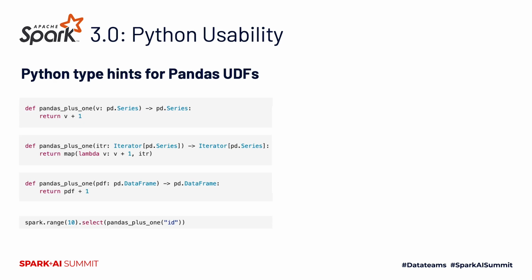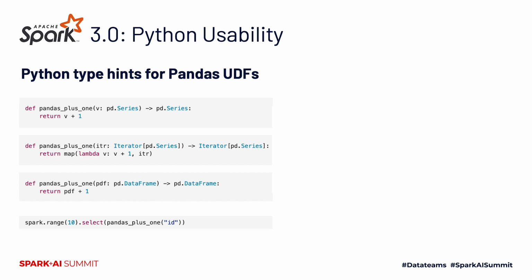The other thing that I wanted to highlight is around Python. So we've done quite a bit of work on both Python usability and performance. For usability, we've made it much easier to define Pandas user-defined functions using type hints in Python, which let you specify the format of data you expect.